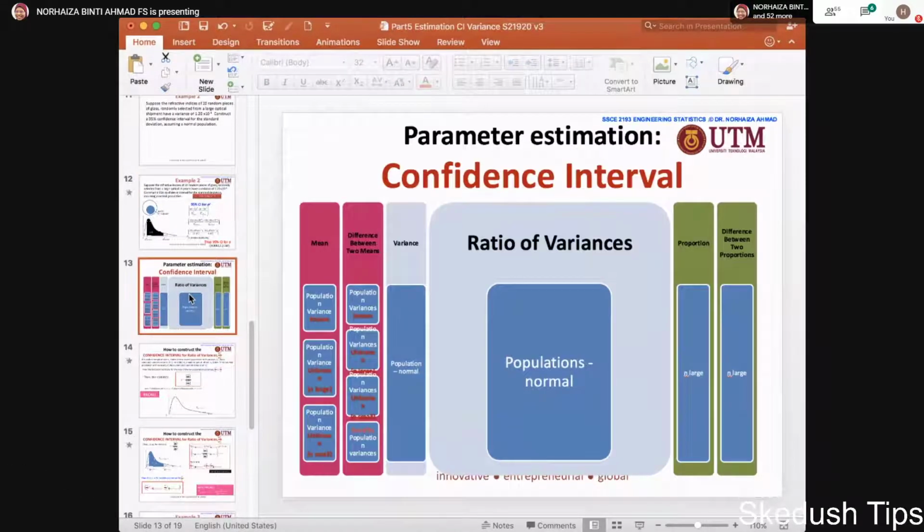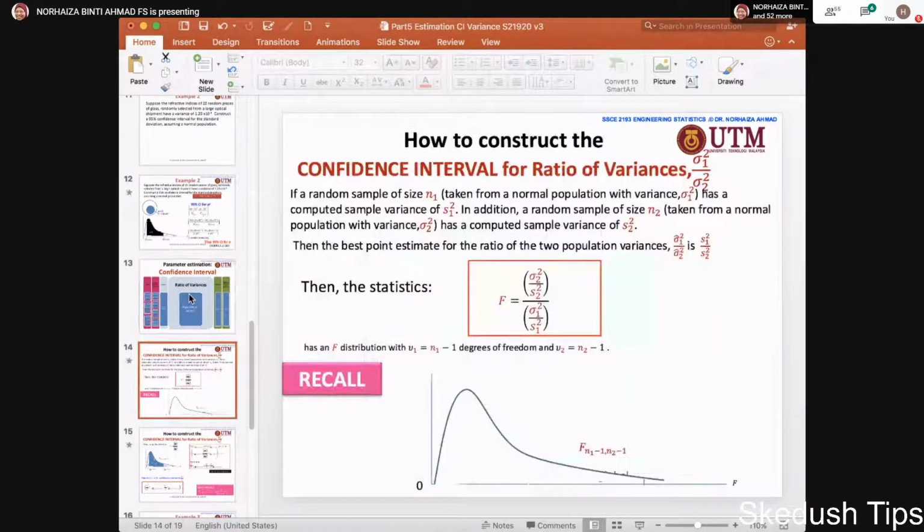Okay, now, right. So let's look at the ratio of variances. When you do the ratio of variances, that means you're dealing with two different populations, and you want to check the ratio between the population variances of these two populations.